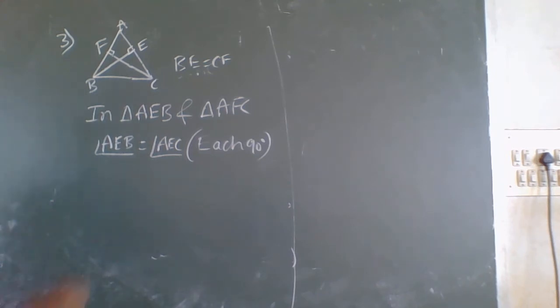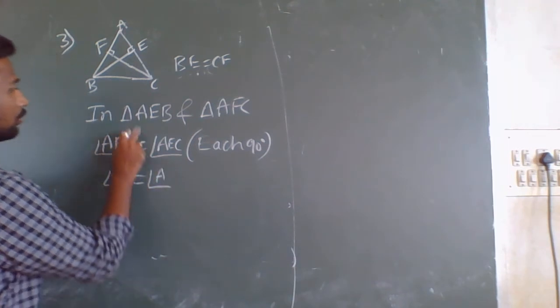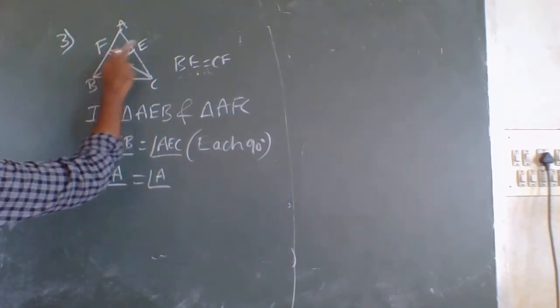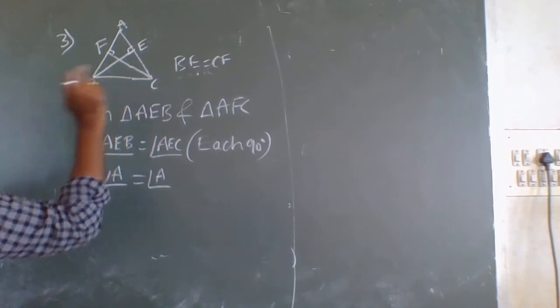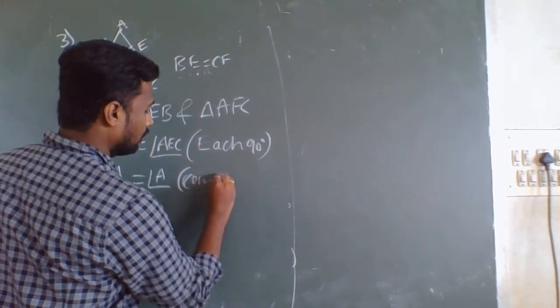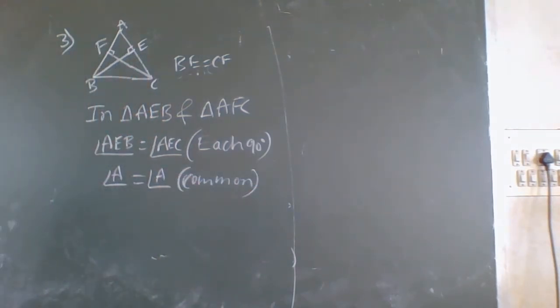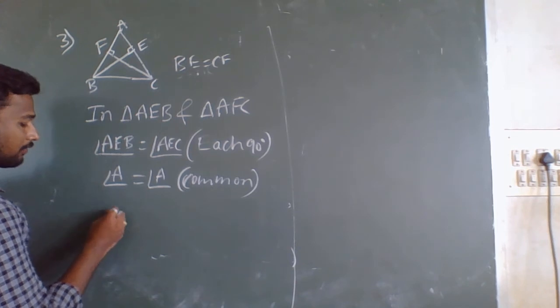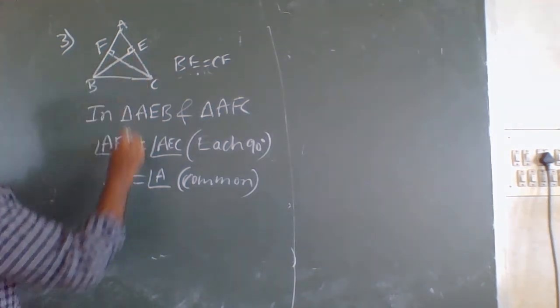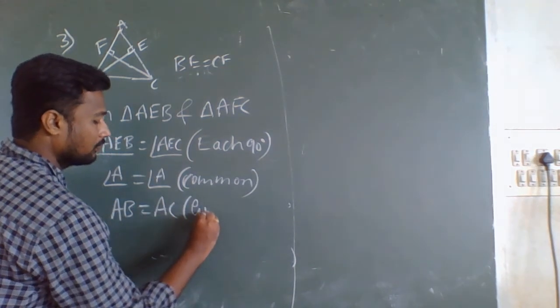And here angle A is common in both triangles AEB and AFC. Therefore, angle A is equal to angle A. Again, what have they given? This is an isosceles triangle, and side AB is equal to AC, which is given.